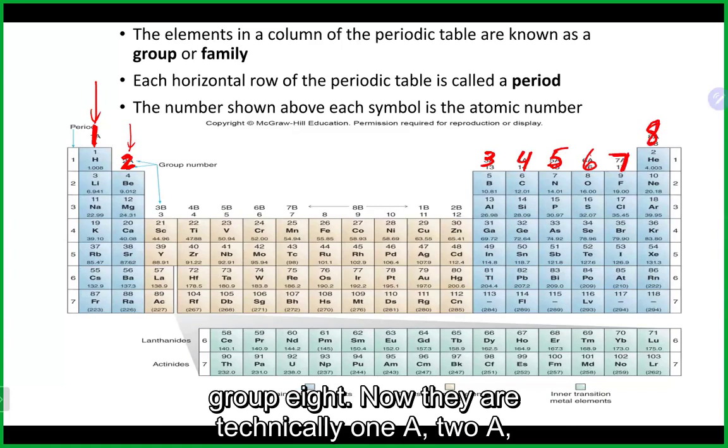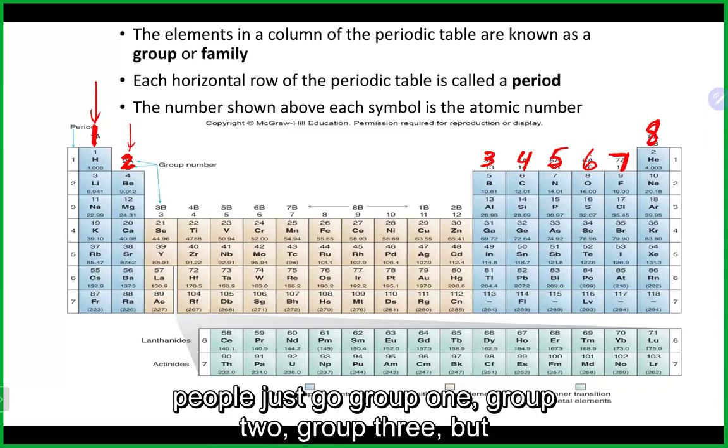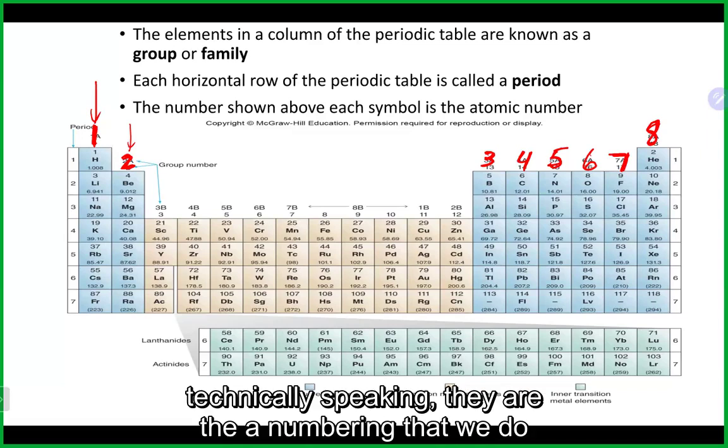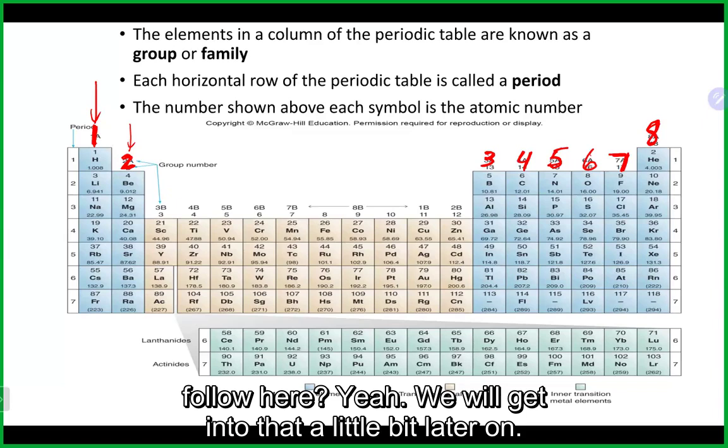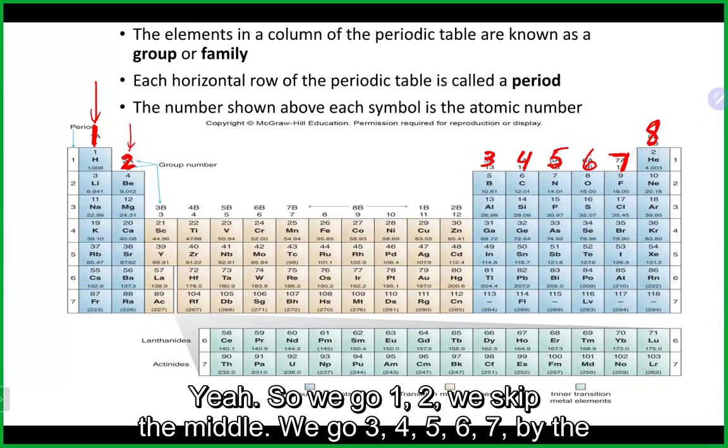Now, they are technically 1A, 2A, 3A, 4A. Very few people say A after it. Most people just go group 1, group 2, group 3. But technically speaking, they are the A numbering that we do follow here. We'll get into that a little bit later on. So we go 1, 2, we skip the middle, we go 3, 4, 5, 6, 7.